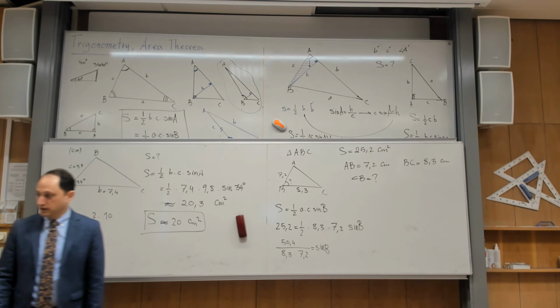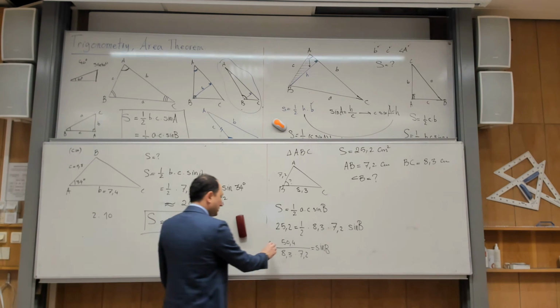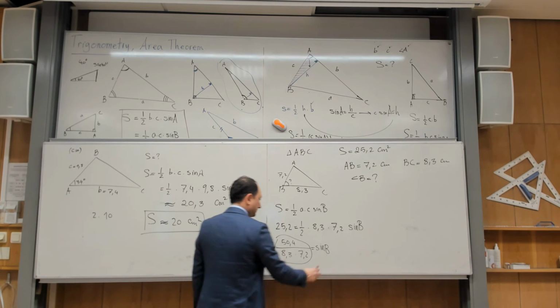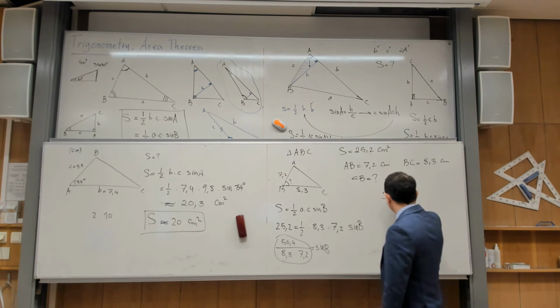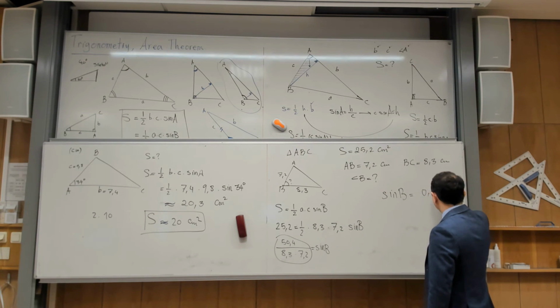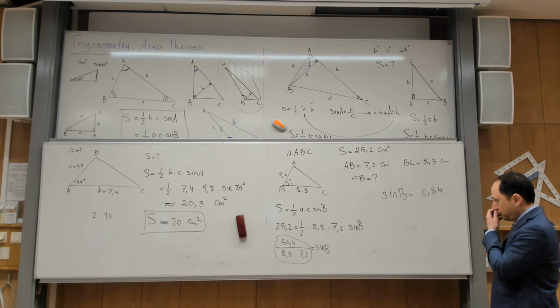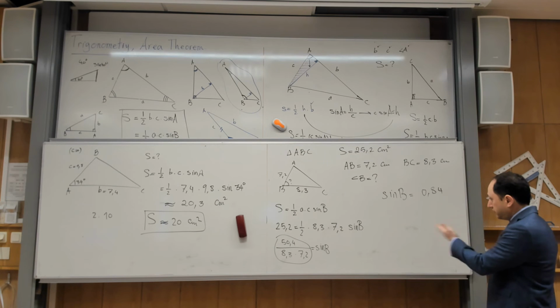So what is the answer? Do you want a decimal form? Yes, just in decimal. Oh, 0.84. So sine of B is approximately 0.84. Yeah, that's good. We have two significant figures.